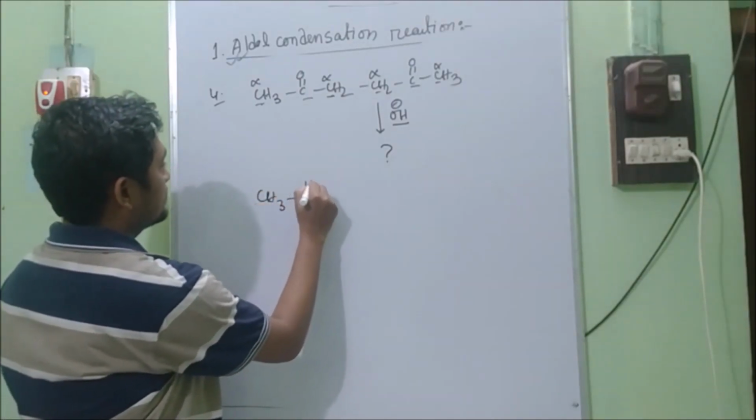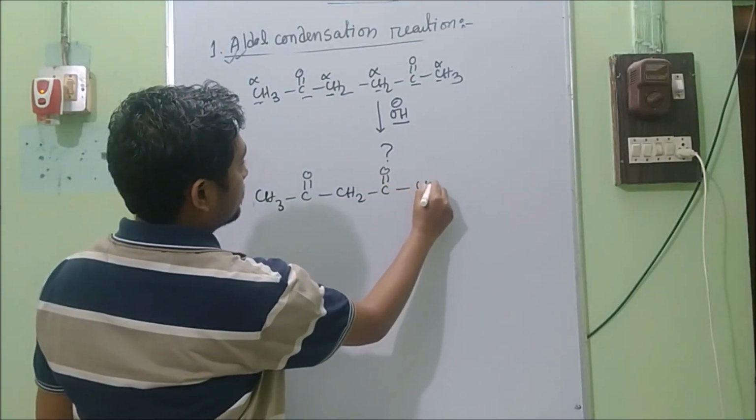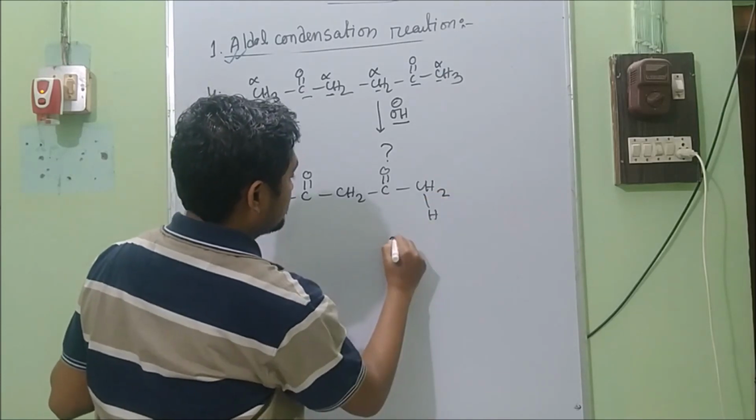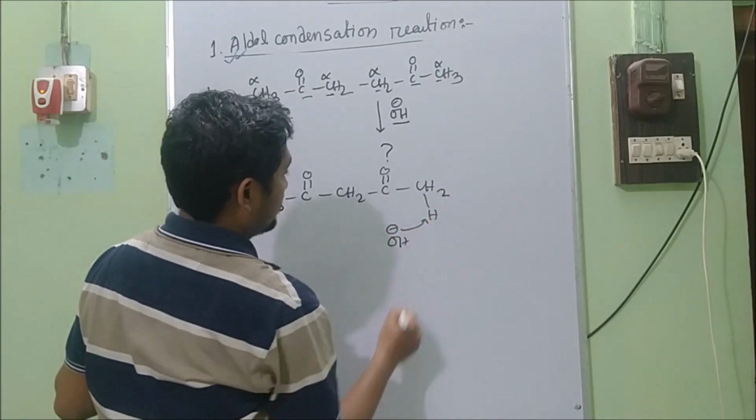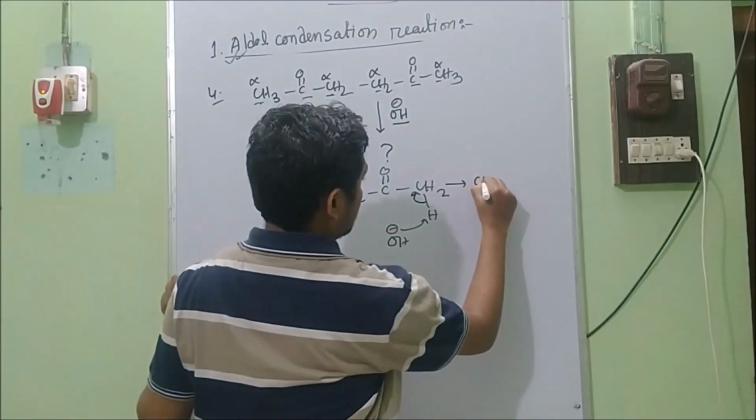CH3 CO CH2 CO. If OH minus takes H plus from here, then we will have a negative charge on this.